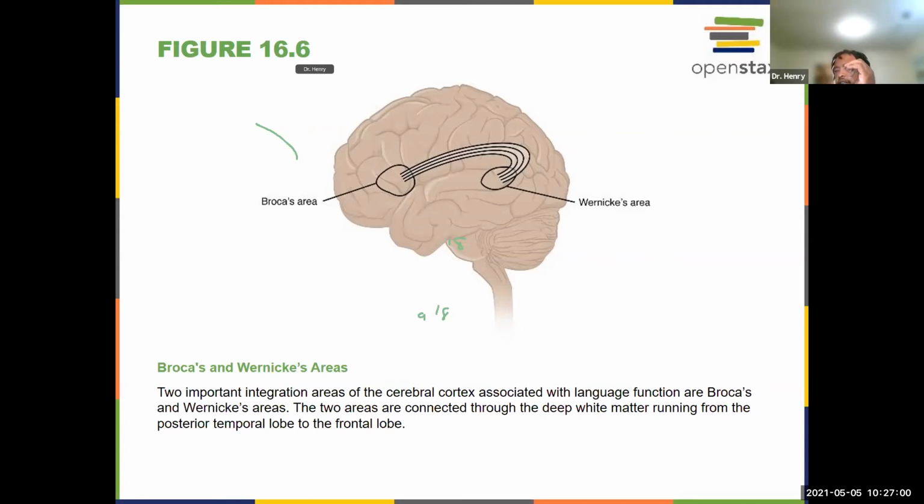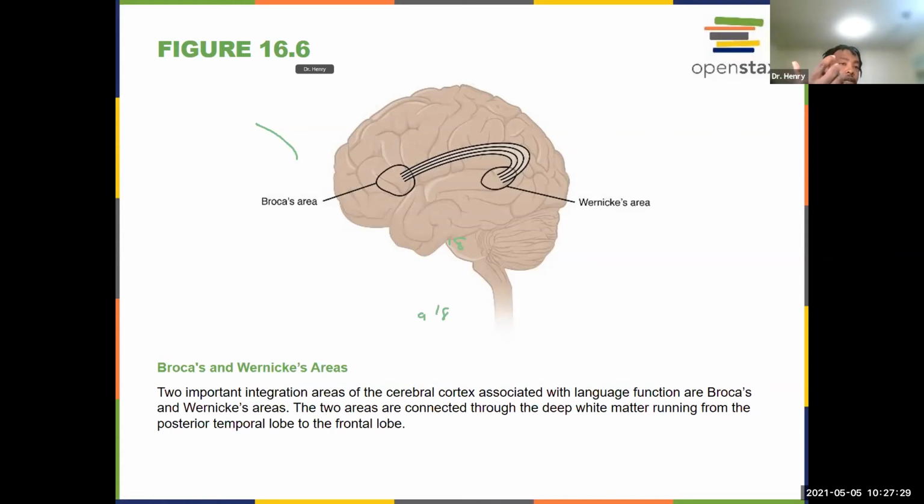And if you have an injury as a result of that, that could affect both the formation of speech as well as the understanding of speech. A deficiency in this area could result in not being able to speak.